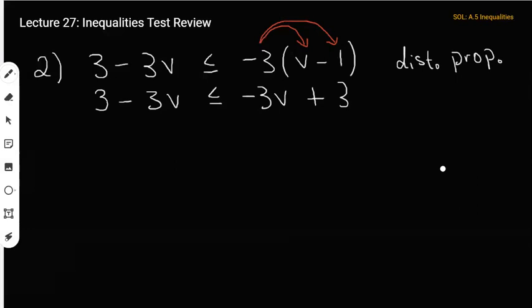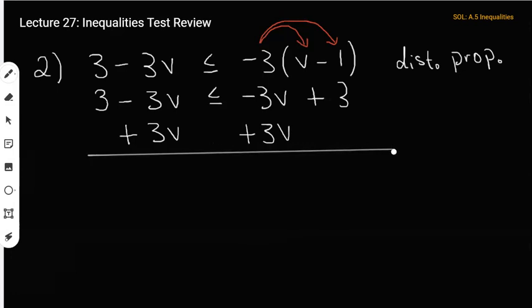So then the next thing that I want to do is get all the variables on the left side. So that means I've got to get rid of this -3v over here. I'm going to add it to both sides. So I add 3v right there, and I add 3v right here. And then I draw my line.